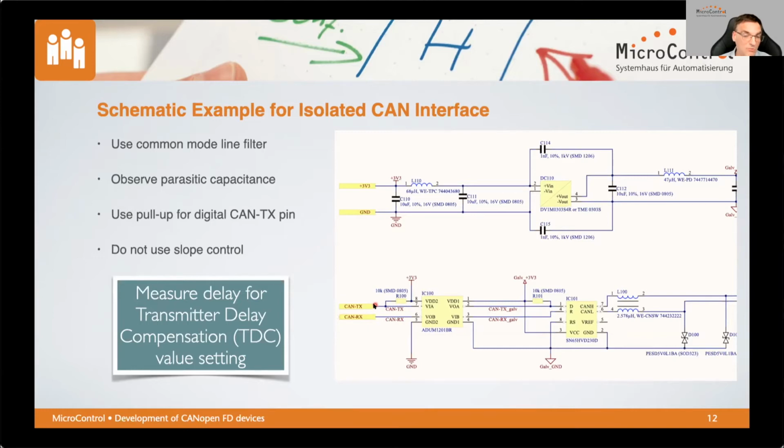You have to keep in mind that for the setting within your CAN FD controller, you need to measure the delay that starts from the CAN TX pin, when the signal goes around the loop, and comes back to the RX pin. This is several nanoseconds. Of course, you can have a look in the data sheets and roughly calculate it. Our advice is take your oscilloscope, measure it, write the value down, and you need it later in your software.